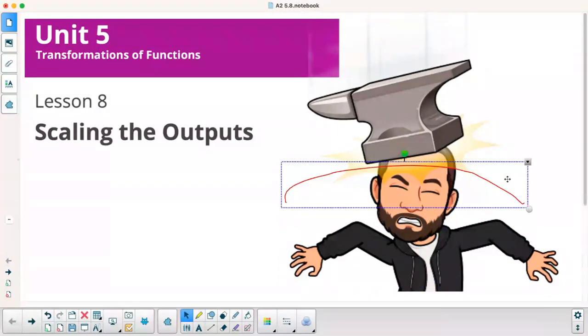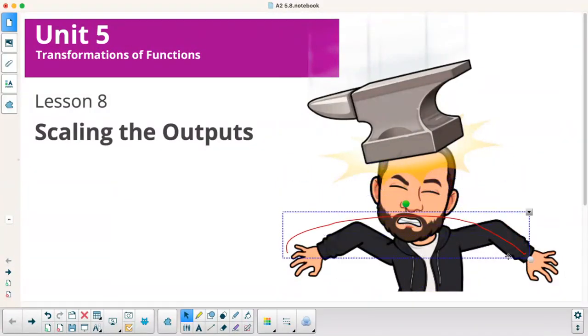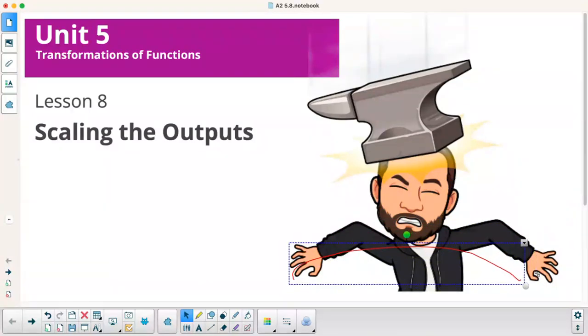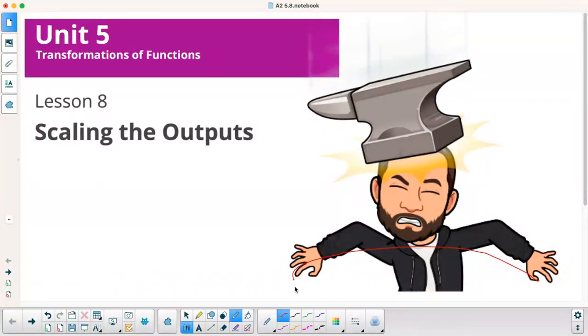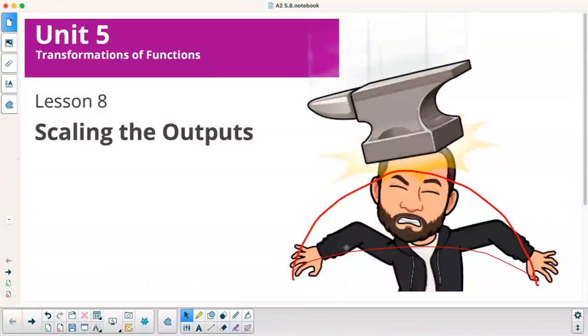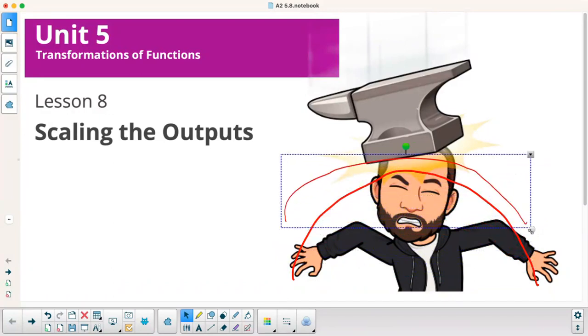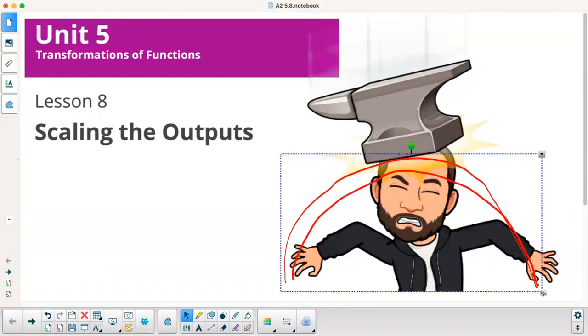It'd be kind of like I took it and pressed it down. I squished the original down, or I could stretch it vertically. So maybe it was something like this, and now it gets stretched.